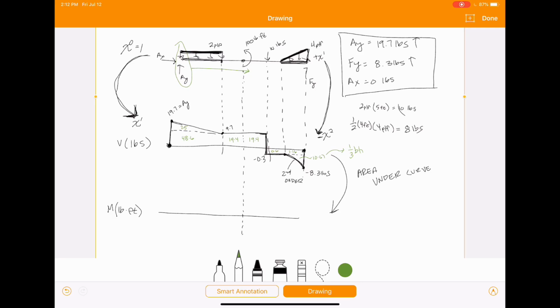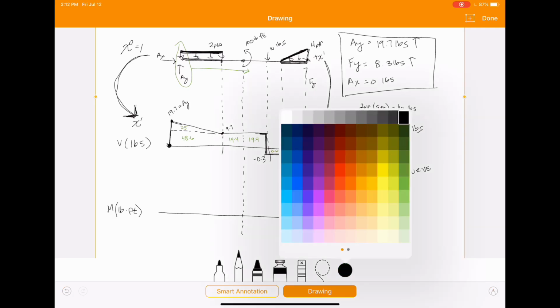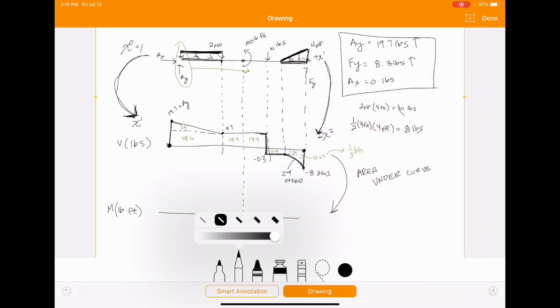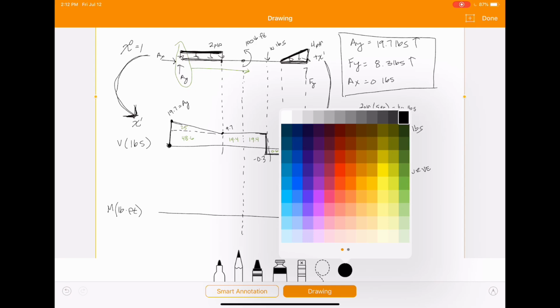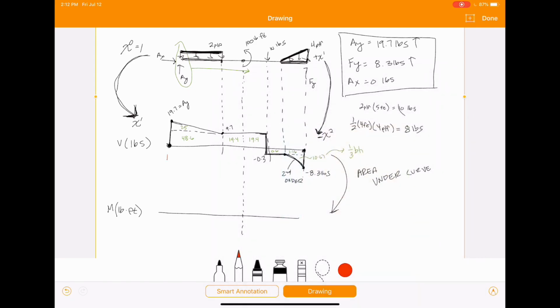So once you calculate all those areas, we can just start throwing these onto our moment diagram. So between here and here, the moment is going to change by this combined amount, which ends up being 73.6.